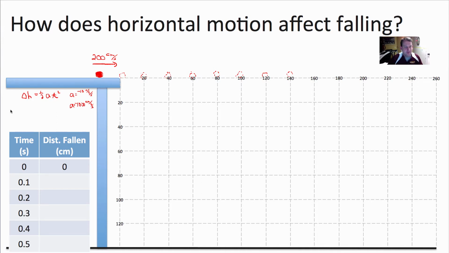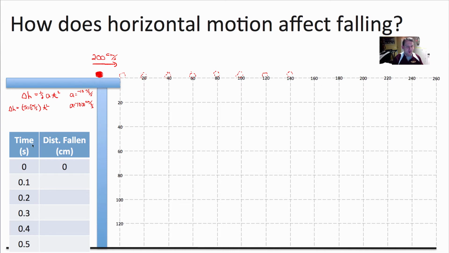So now the change in height is equal to 1/2. Let me go back and put the numbers in there. 1/2 times -1000 is -500 centimeters per second squared, times t squared. Now we can use this equation to figure out the height at each of these different times. And again, we're looking at every tenth of a second here, not full seconds.